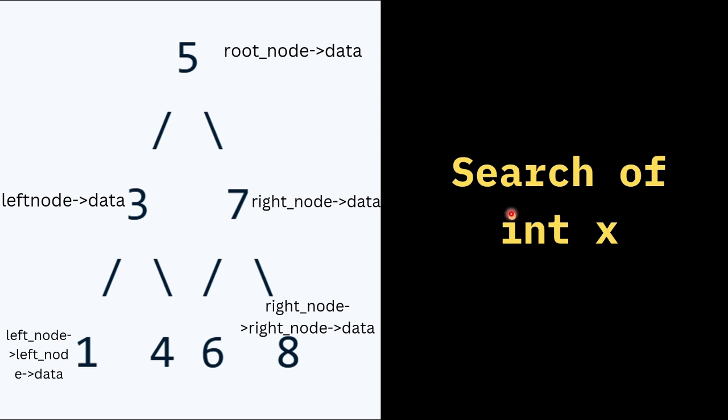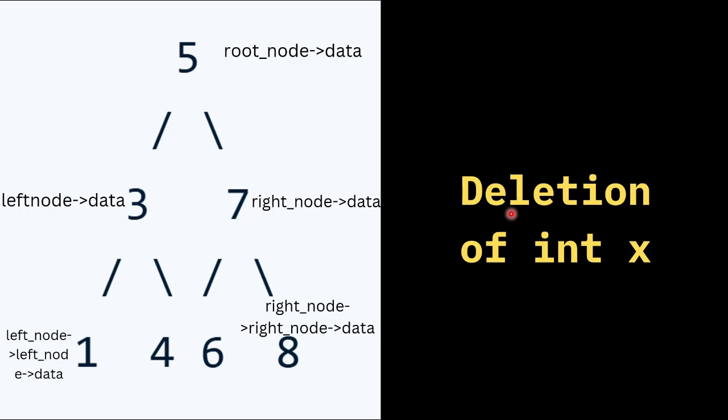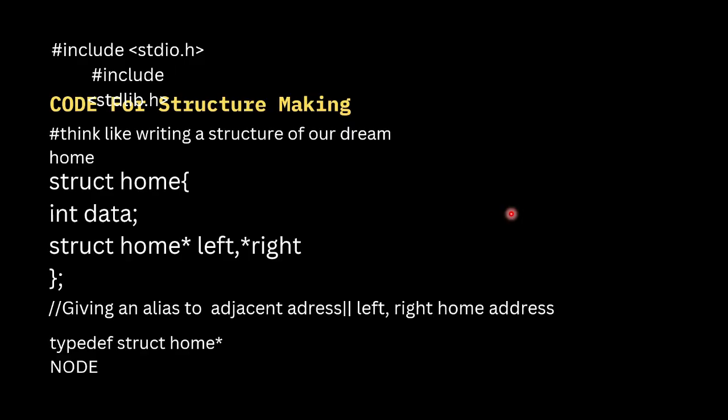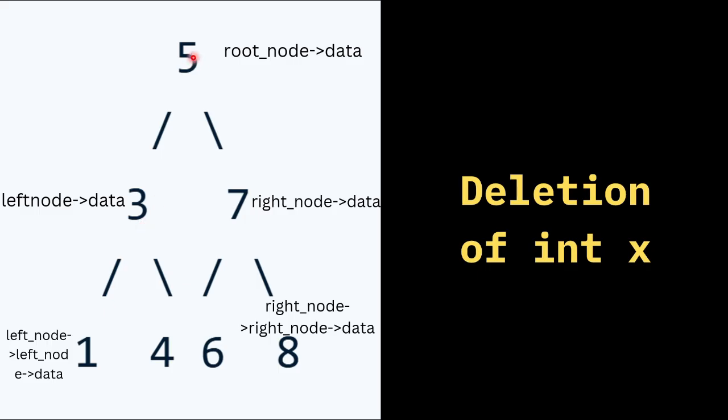We will learn about searching in this tree, insertion, deletion, and this is the code for making the structure. I've already told you. We have made struct home and we have kept data into it, just like here we have kept data 5, and we will keep the addresses of the node having data 3 and the node having data 7.